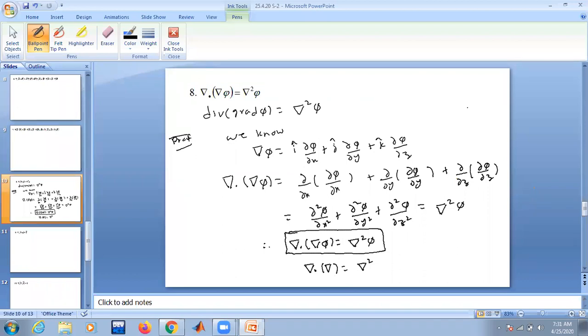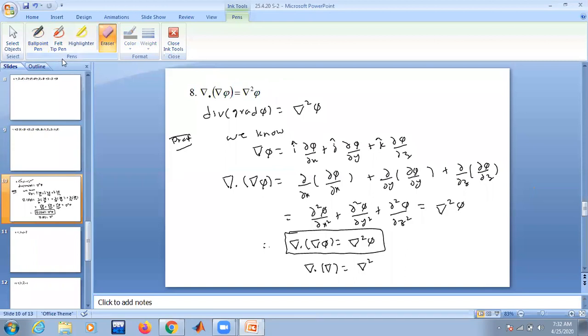When we were discussing problems on gradient, divergence, and combination of those operators, we computed divergence of gradient, del dot del phi, separately. We computed del square phi separately, and we observed that both results are same. And in fact, that is the identity I said. Okay, this is that identity. Shall I proceed?